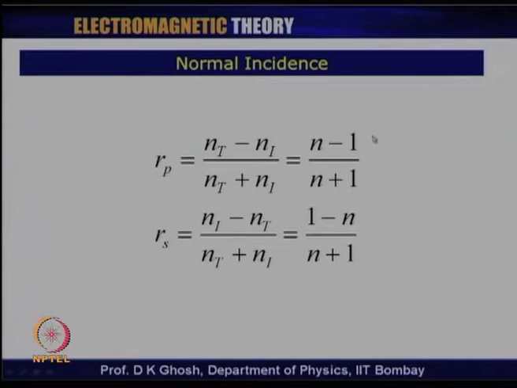Now, incidentally you notice that there seems to be a contradiction here, because I have taken normal incidence, both these results must be the same, but here I have got n minus 1, here I have got 1 minus n.